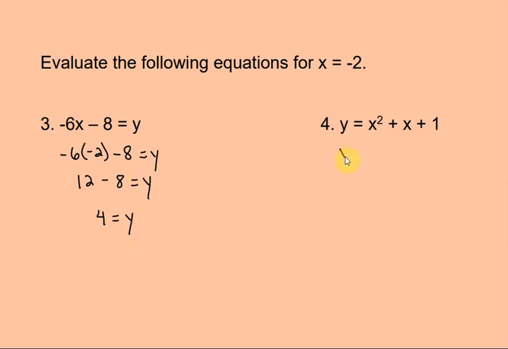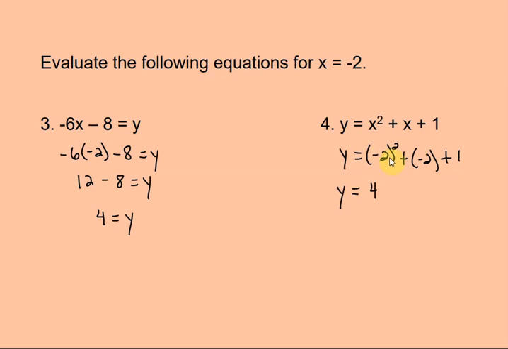In the next equation, y is equal to, again, when I replace the x with my negative 2, I need to make sure, we should always put it in parentheses when we're substituting, but especially if it's negative. So we have that negative 2 that is being squared, plus negative 2 plus 1. Okay, when I square a negative number, it becomes a positive number. So negative 2 squared becomes positive 4.